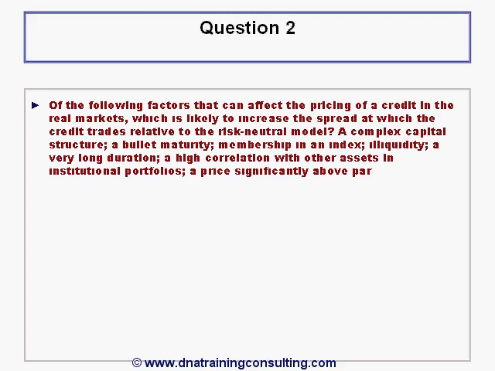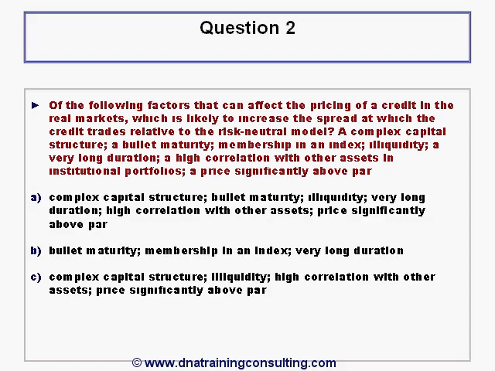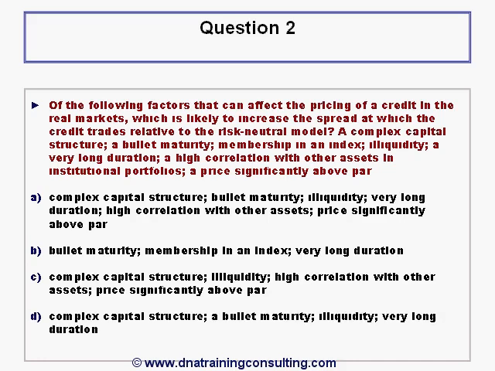A complex capital structure, a bullet maturity, membership in an index, illiquidity, a very long duration, a high correlation with other assets in institutional portfolios, and finally a price significantly above par. Here are the permitted answers: A, B, C, and D.